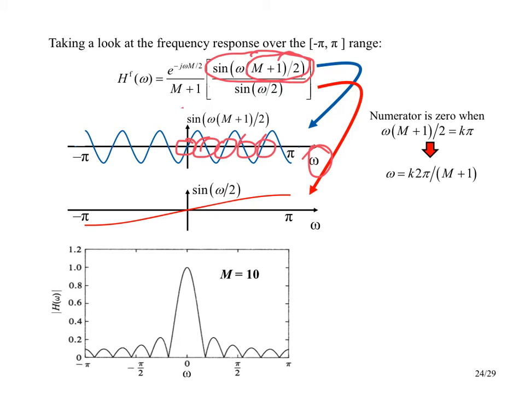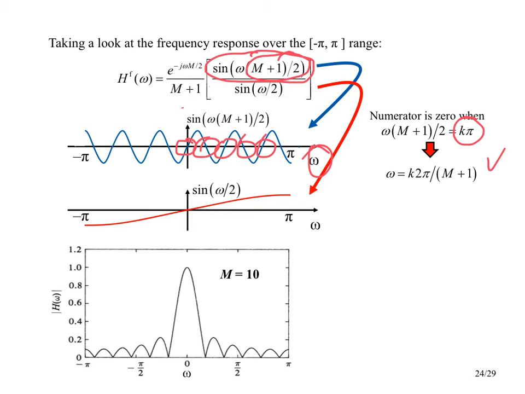It's whenever the argument of the sine is equal to an integer multiple of pi. And if we solve that, we can find out precisely where those frequencies are. It's just some integer k times 2 pi divided by m plus 1. So that's what's going on in the numerator.